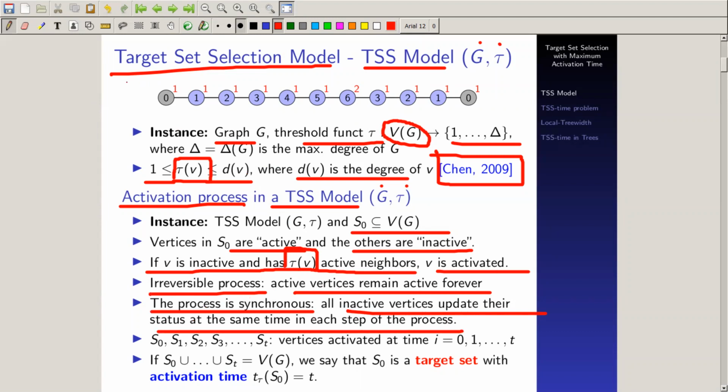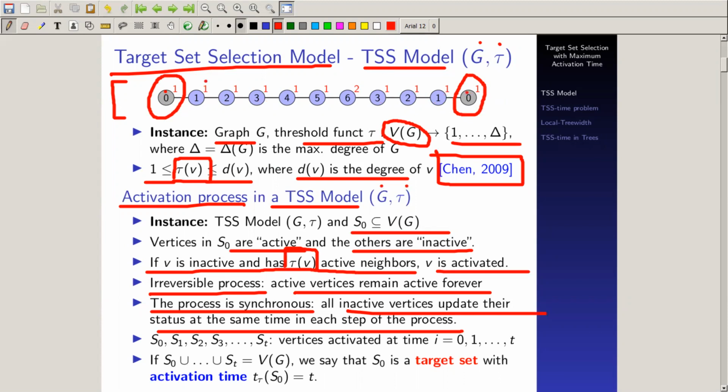Here we have an example, the graph G. The thresholds are the numbers in red. We have only one vertex with threshold 2, the other vertices have threshold 1. The black vertices are the vertices of S0, activated at the beginning, time 0. The activation time is the number inside the vertex.